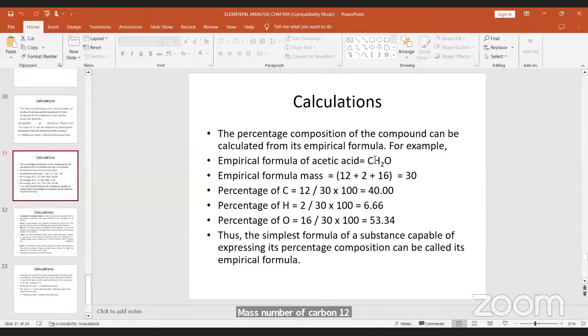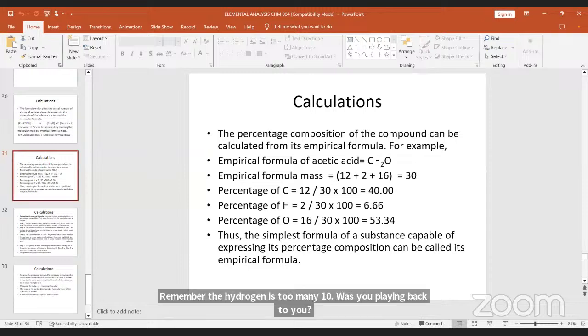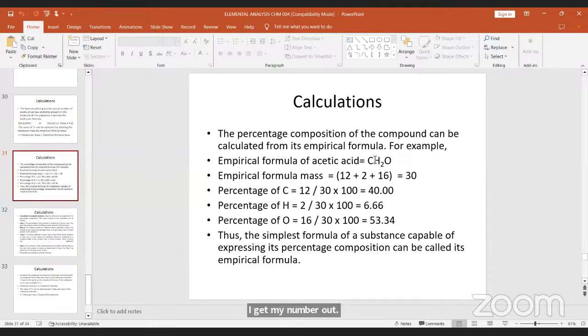Remember that hydrogen is 1; when you multiply it by 2, it gives you 2. And the mass number of oxygen is 16. If you add all this together, it gives you 30. Therefore, percentage of carbon in the acetic acid is 12 over 30 times 100, which is 40%. Percentage of hydrogen is 2 over 30 times 100, and that of oxygen will be 16 over 30 times 100.